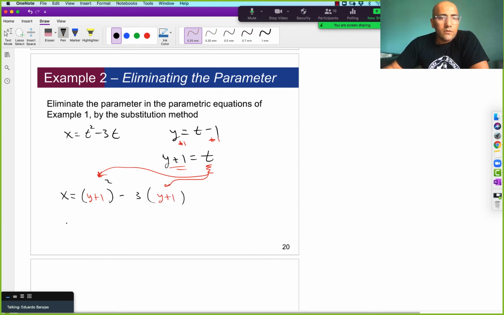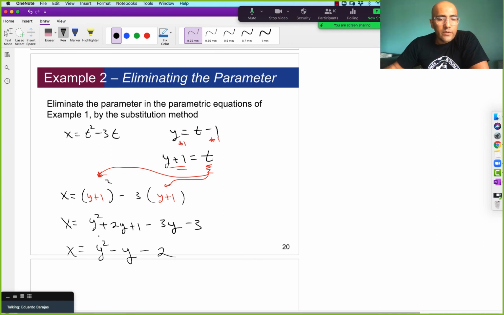Good. We can simplify it a little bit. x equals y squared plus 2y plus 1 minus 3y minus 3. And so x equals y squared minus y minus 2.